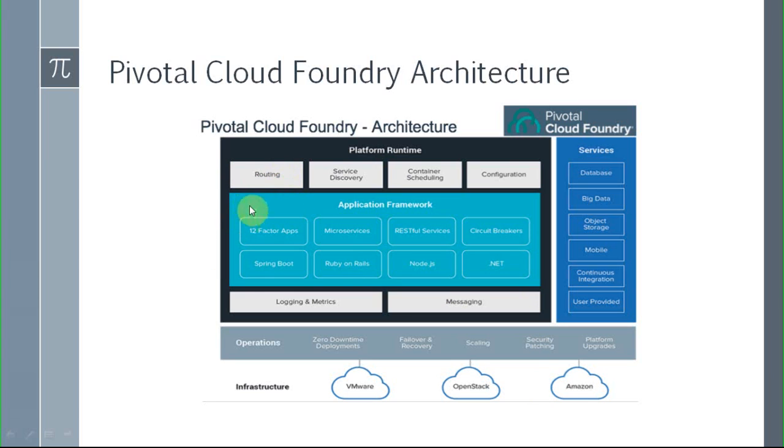Here at the middle of this part you see different kinds of application frameworks that you can use in your microservice architecture. For example, you can use Spring Boot, Ruby on Rails, Node.js, .NET.